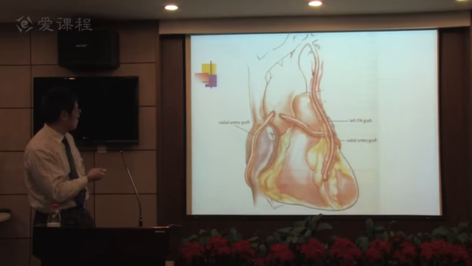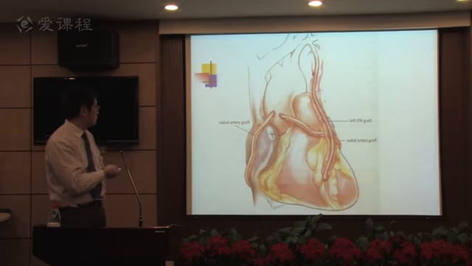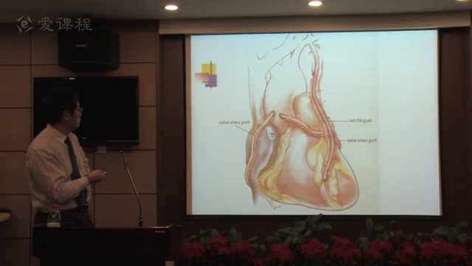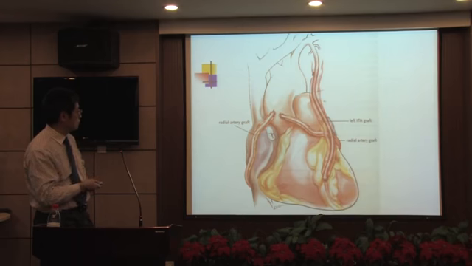And here we can see the graft after the bypass. CABG finished like this. The radial artery graft here, the left internal mammary artery here, and this is the radial artery graft. We can see all the artery grafts.